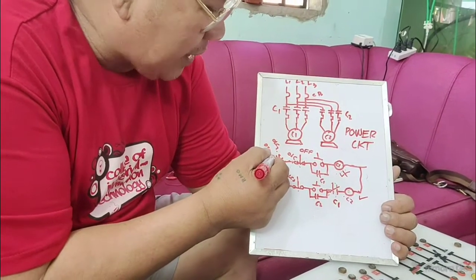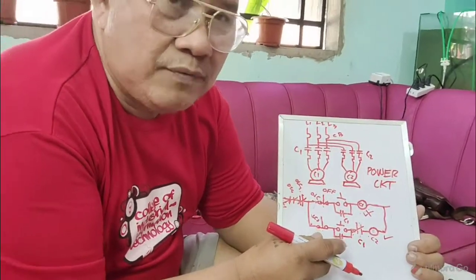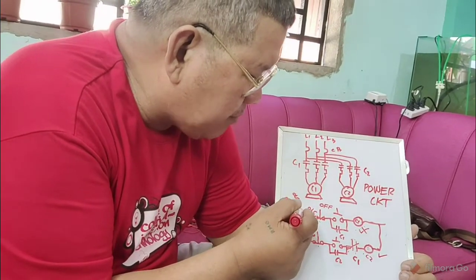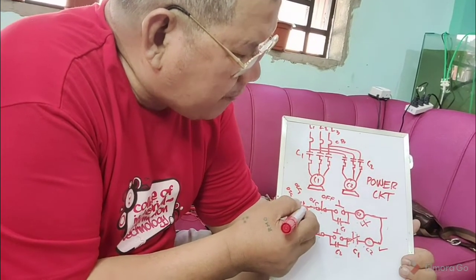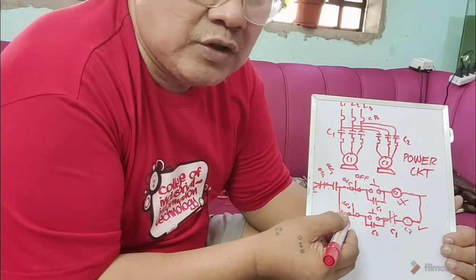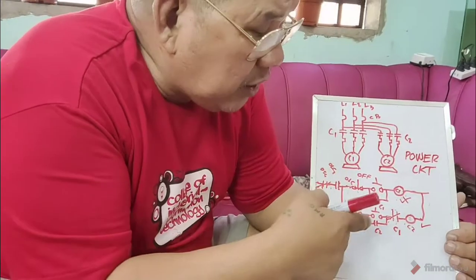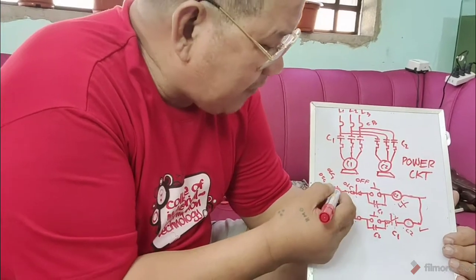Now, how about if motor number 2 is overloaded? This will again open because number 2 is overloaded. Still, no current will be flowing to the two contactors or conveyors. But remember, only one is defective or overloaded. See? That is the difference.